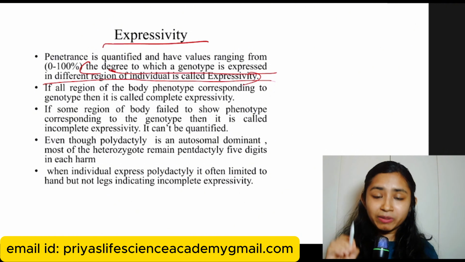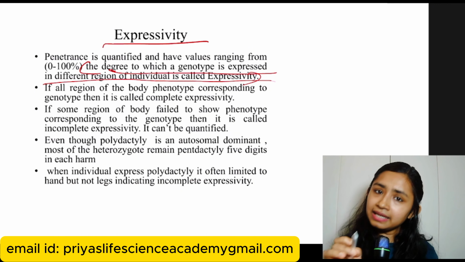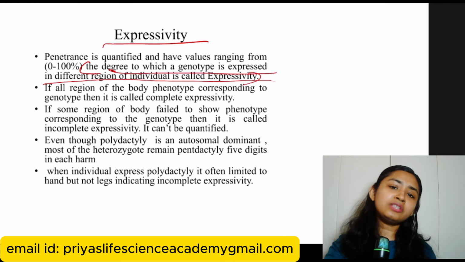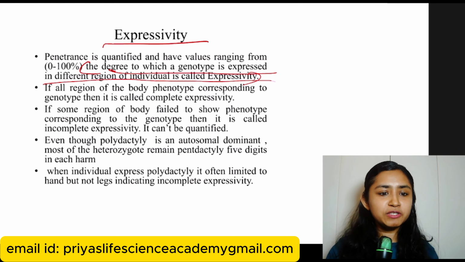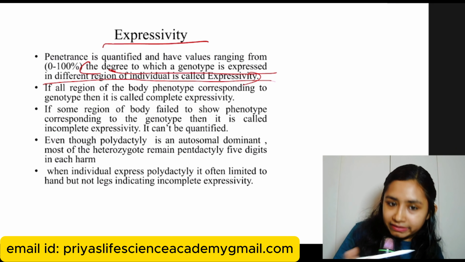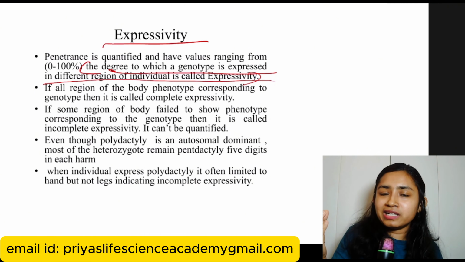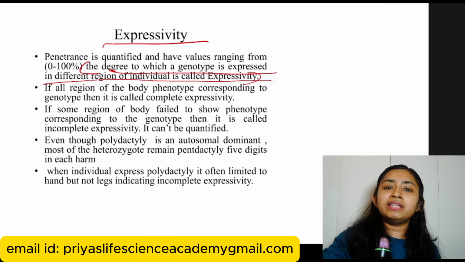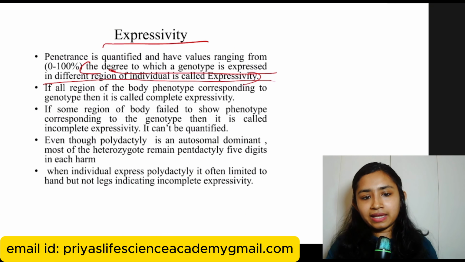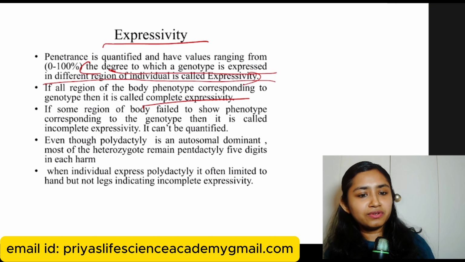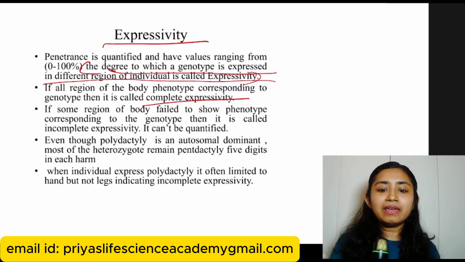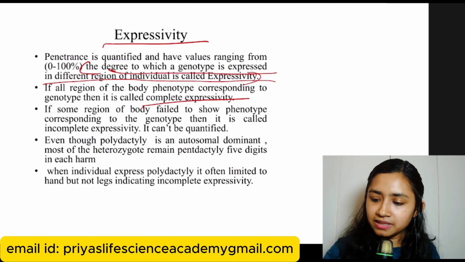That is known as expressivity. If all regions of the body show the phenotype corresponding to the genotype, then it is known as complete expressivity. If this polydactyly happens in hands and in toes as well, you will say it is complete expressivity. If some regions of the body fail to show the phenotype corresponding to the genotype, then it is called incomplete expressivity.